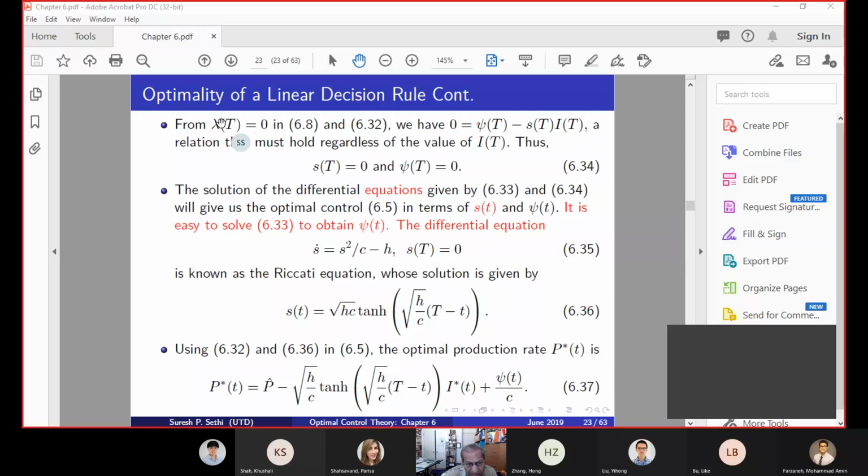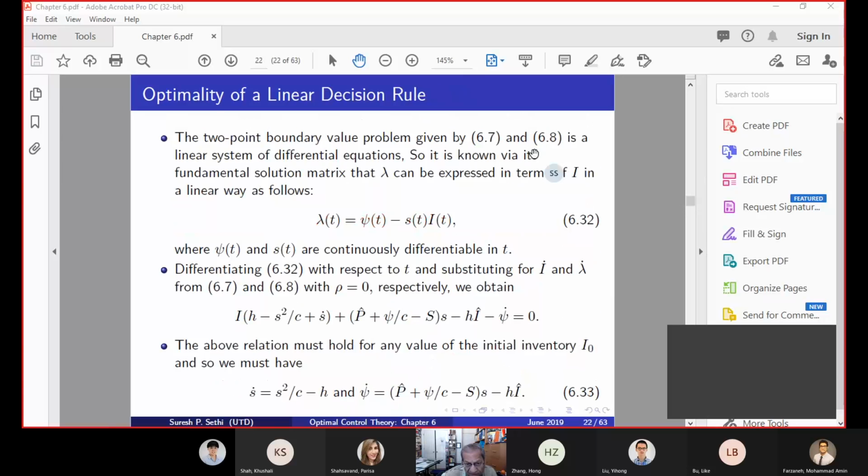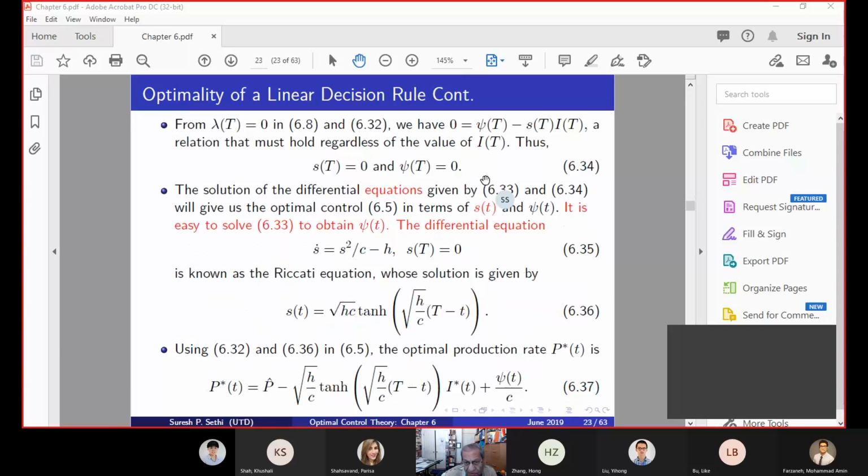And by using the condition on lambda at t0, we can show that this function at capital T will be 0, and this is true regardless of the value of I. So we should have S T equal to 0 and psi T equal to 0.